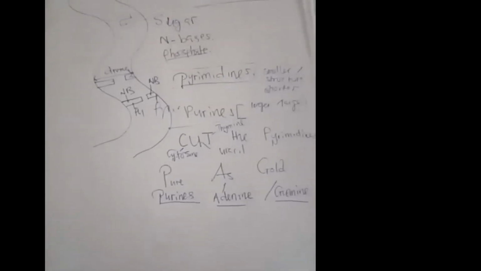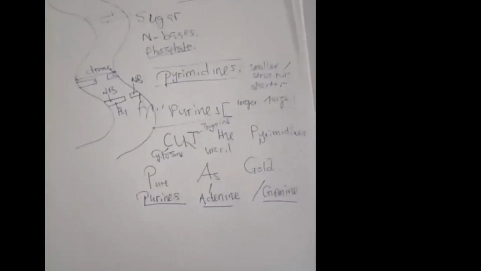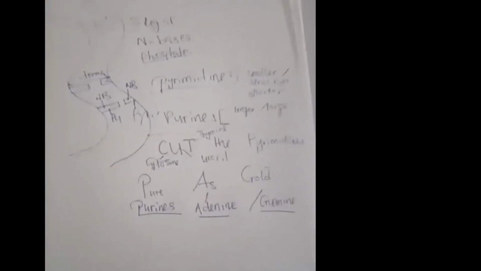You have one nitrogenous base here, and another nitrogenous base on the other end. This nitrogenous base is longer, so that is your purine. Then on the other side, you should have a pyrimidine. So a purine should be bonded to a pyrimidine.